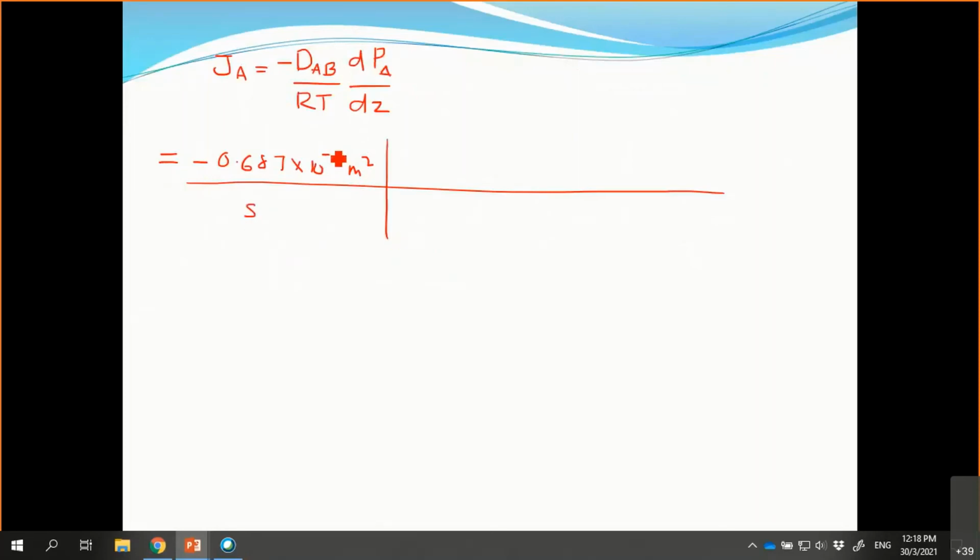And then I have the value of R, which is 82.057 cm cubed atm per gram mole Kelvin, times the value of temperature, which is 298 Kelvin, times the value of dPA.